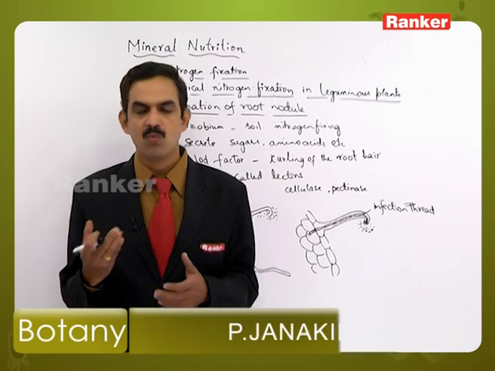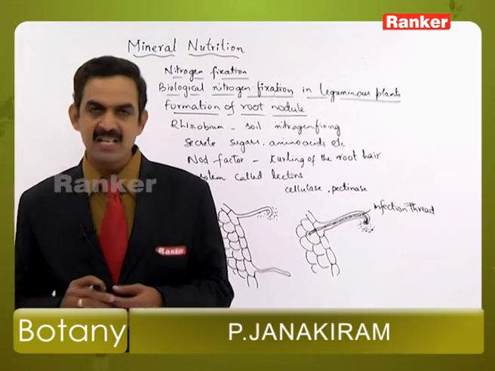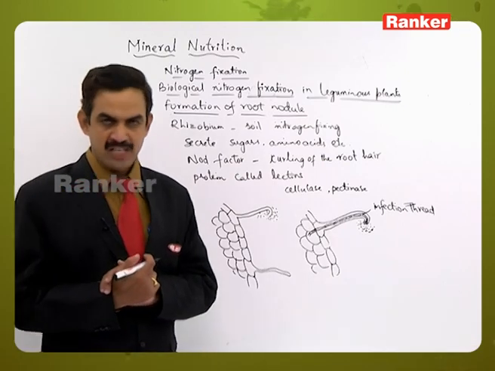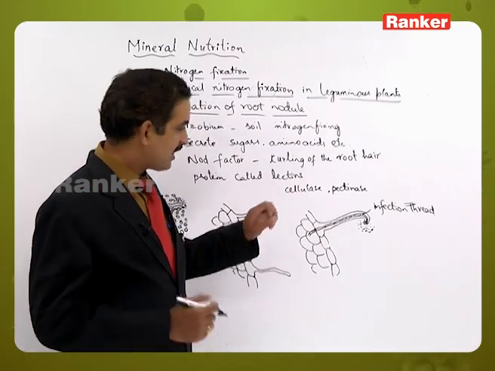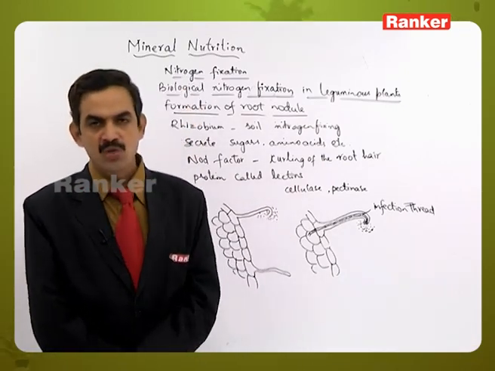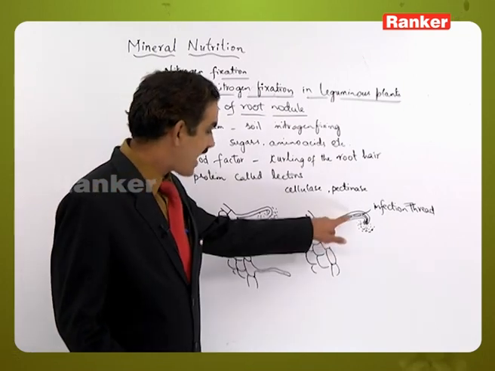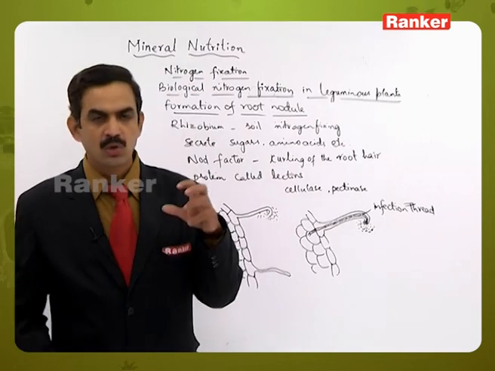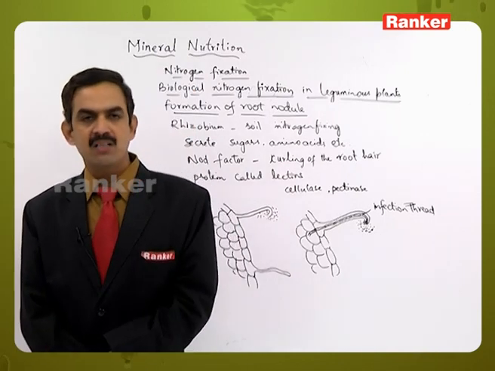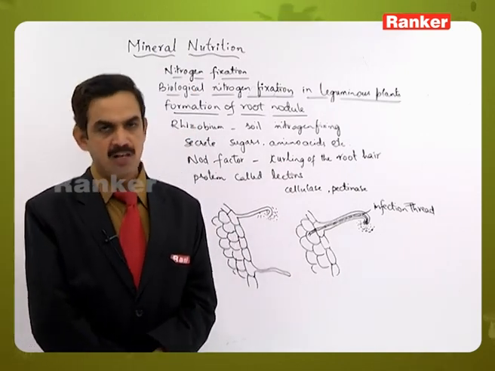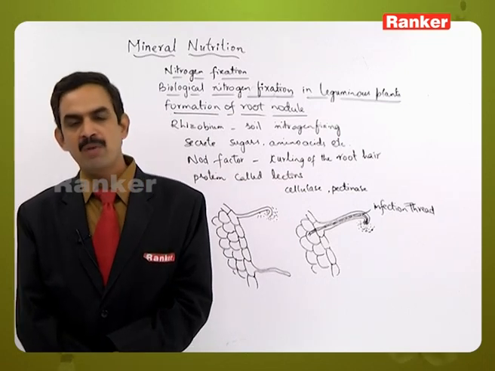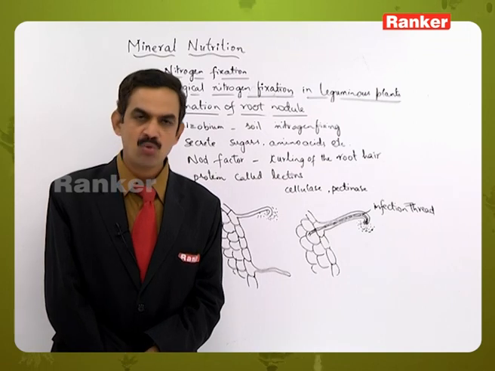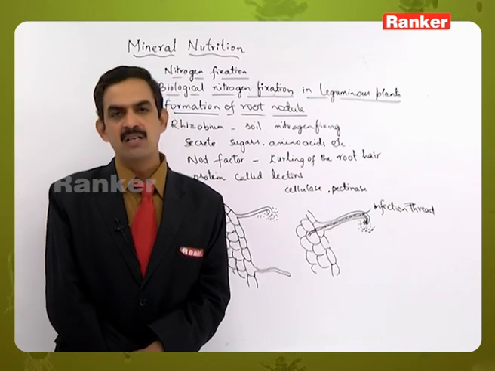When they divide, the number of cells increases, and that comes out in the form of a nodule-like structure. From that cortex tissue the nodule will be formed, and the bacteria which have entered the inner cortex increase their number there also by dividing, and the majority of them will enter the nodular structure which is coming out of the cortical tissue.